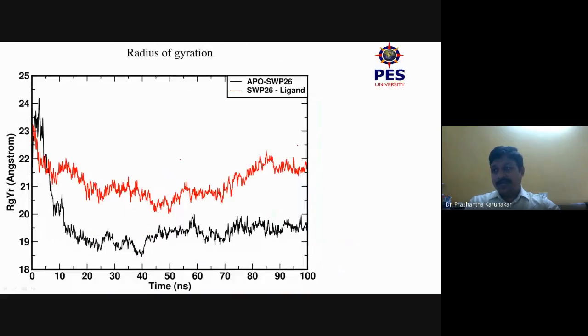Then radius of gyration. Radius of gyration tells us how is the compactness of the protein. If the value increases, it is losing its compactness. So the compactness is good here when it is APO. When the ligand is bound to it, the compactness of the protein is reduced.